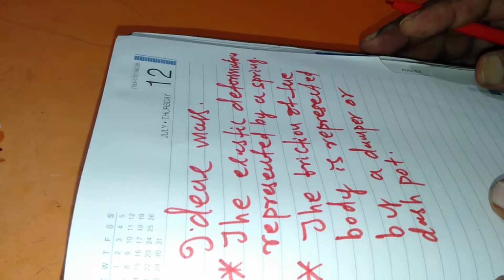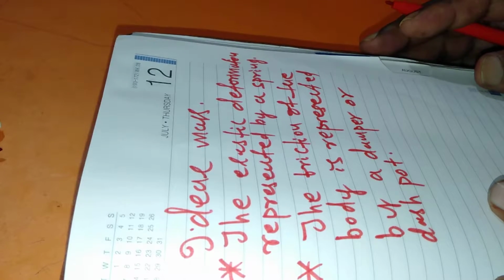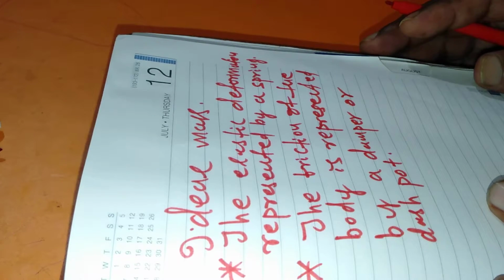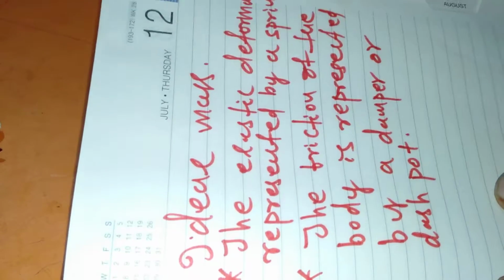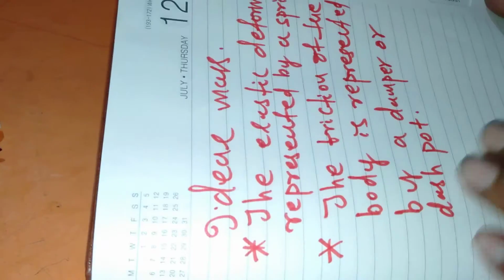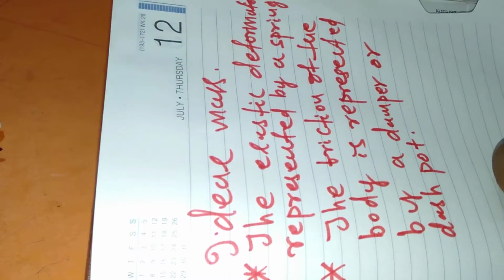In this case also we have neglected the Coulomb friction and static friction due to nonlinear nature. We have considered the viscous friction only because viscous friction is most effective in this case.